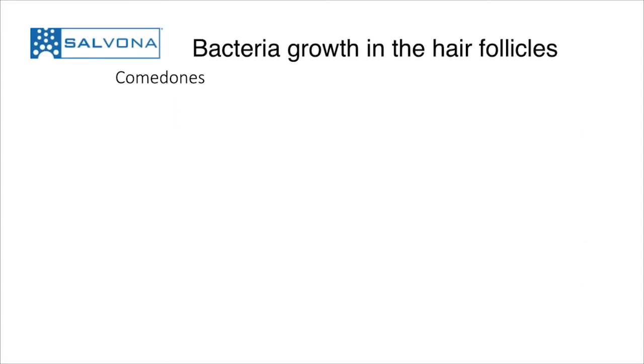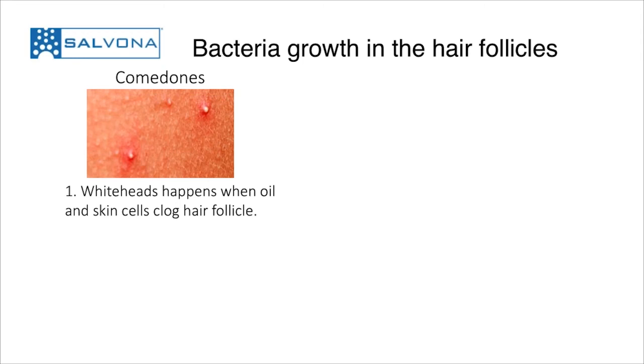Let's learn a little bit more about acne. Acne is a bacteria-based disease. Bacteria grows in the hair follicles and forms comedones. There are two types of comedones. There are the whitehead comedones that happen when oil and skin cells clog the hair follicles.